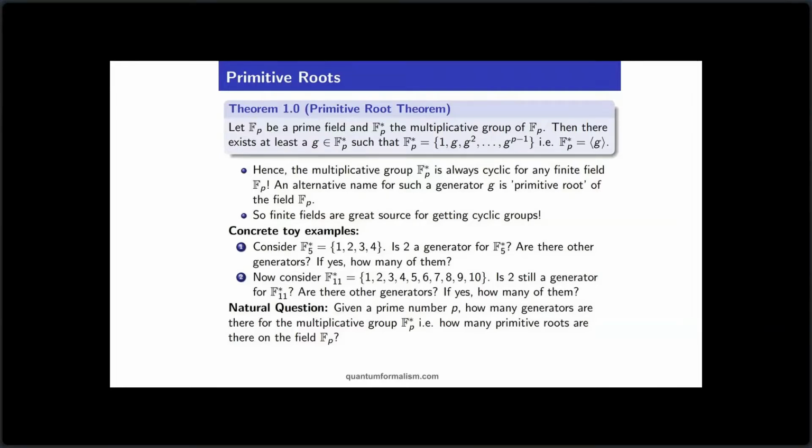If you are a number theorist, you don't say generator, you say primitive root. Obviously, we are here on the group theoretical lingo, so we will call them generators. But generators and primitive roots are the same thing. It's just that number theorists use one lingo.